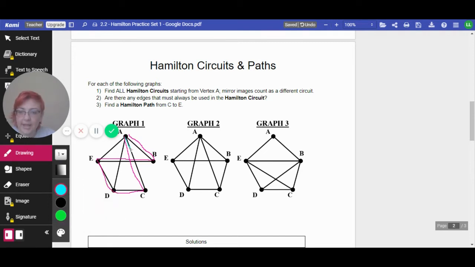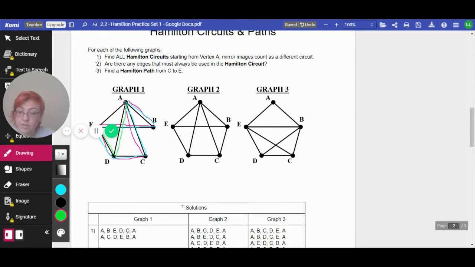I can go A, C, D, E, B, A. I could go A, D, and from here, I could go to E. No, I can't, because then there's no way to get back to C. So I've found the only two.